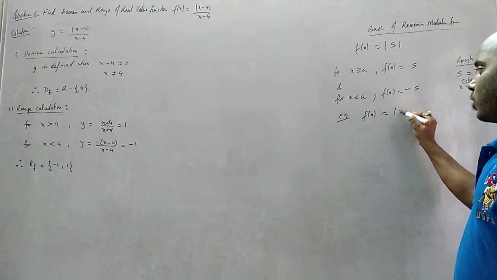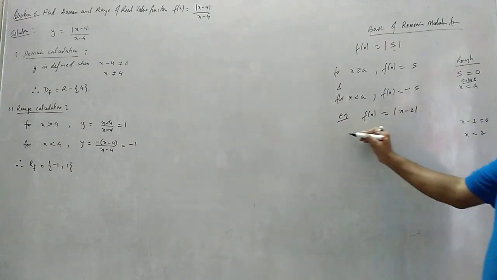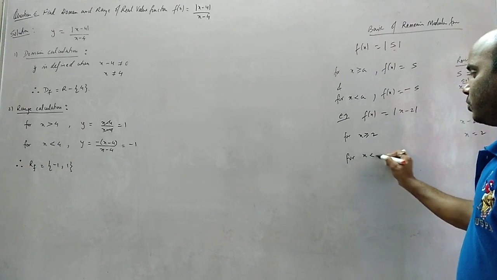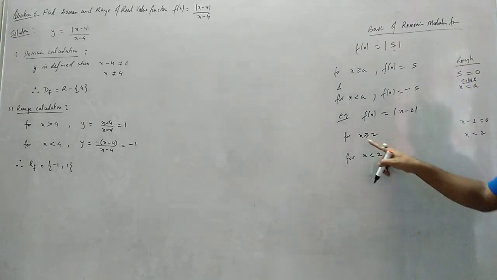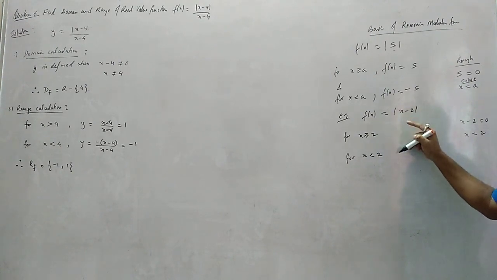If you don't understand this, let's take an example. F of x equals mod of x minus 2. Make the term inside the mod equal to 0. What do you get? x equals 2. Now, for x greater than or equal to 2 and for x less than 2. For x greater than or equal to 2, substitute anything here. Substitute 2: 2 minus 2 is 0. It is automatically coming 0 on its own. 3 minus 2 is 1 on its own.